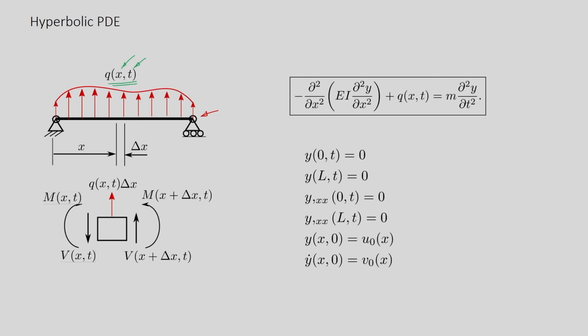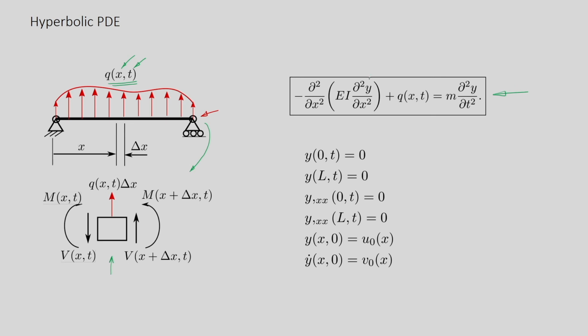Now what we used to do is take a piece of the beam, show the free body diagram and write the force and moment equilibrium equations, following which we come up with this partial differential equation.